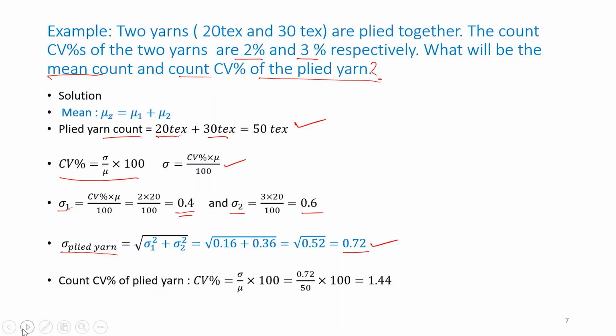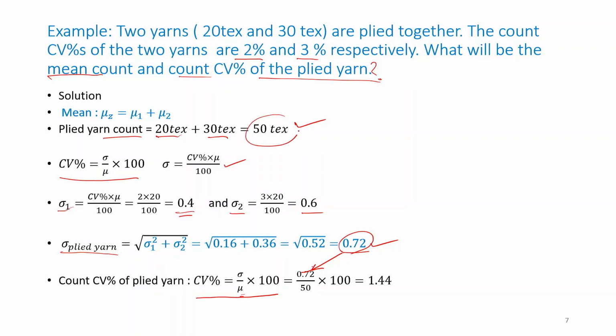And if I want to know the CV percentage of the plied yarn, then this is the CV formula. CV is sigma by mu into 100. In this case, sigma of the plied yarn is this one. We put it here. And what is mu?